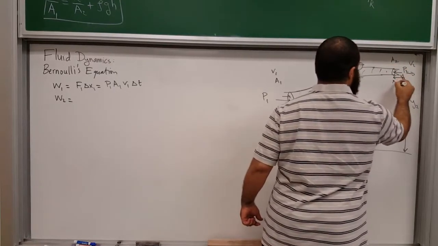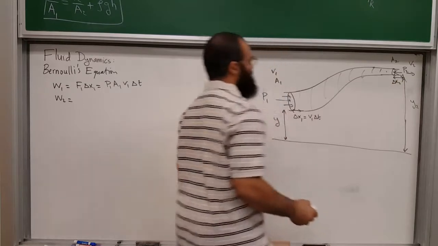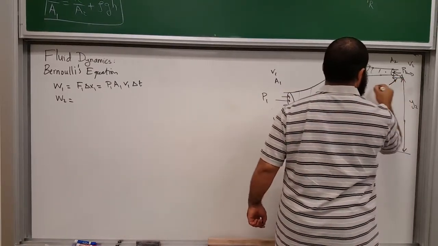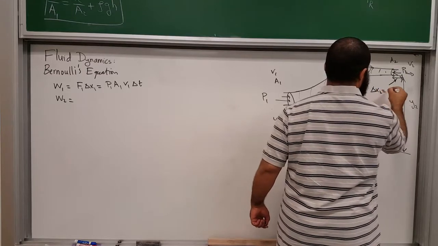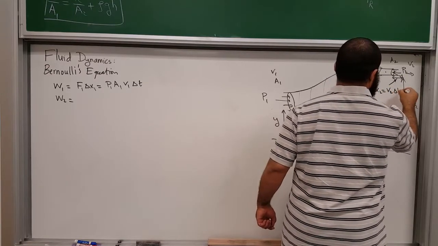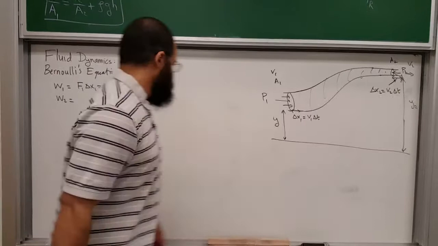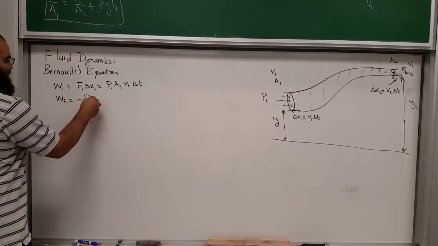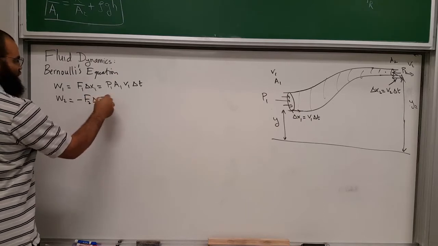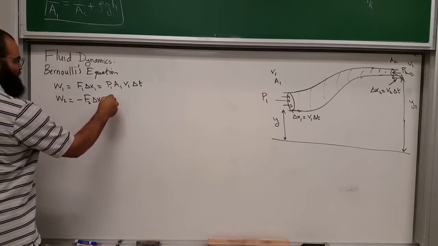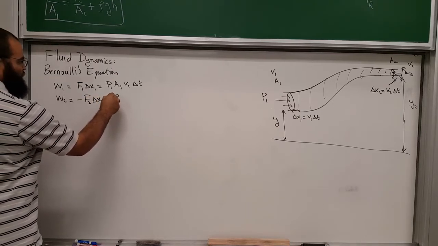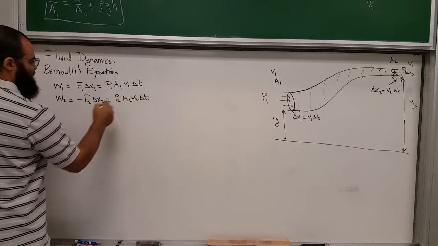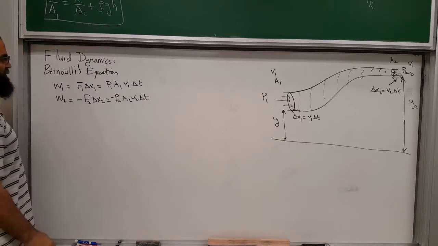So this is delta x2, and delta x2 will equal V2 times the amount of time delta t. So it would be negative F2 delta x2, and it is equal to negative pressure 2 area 2 V2 times delta t.